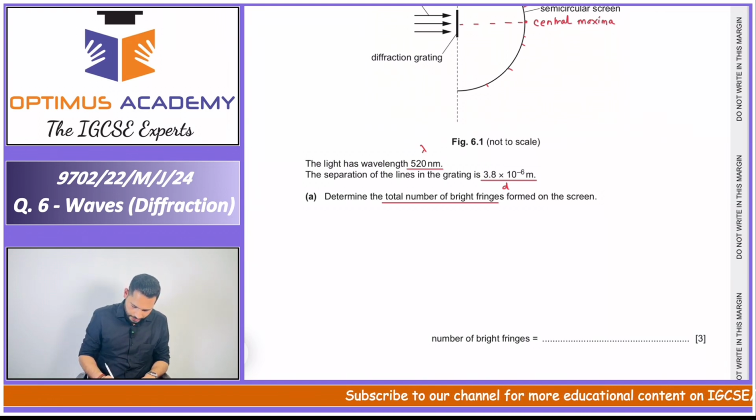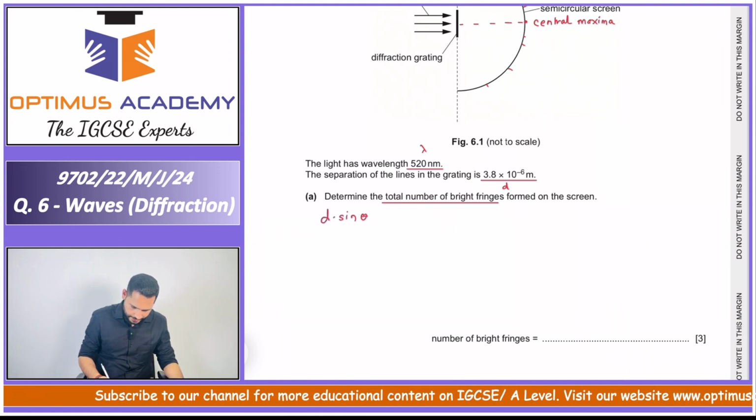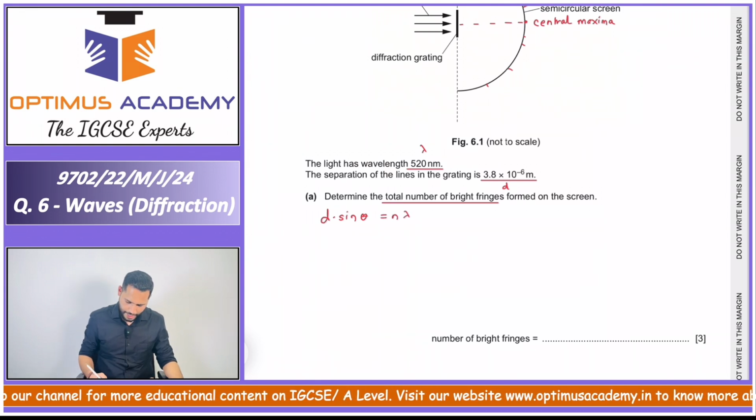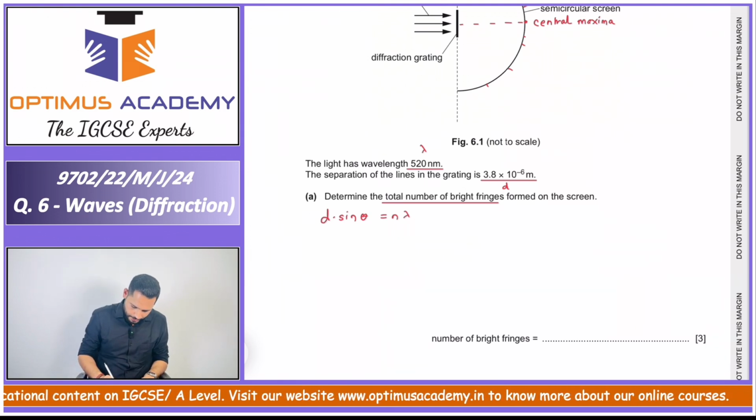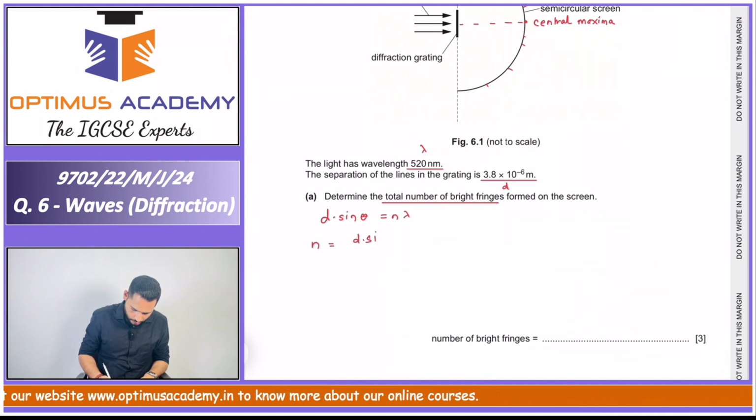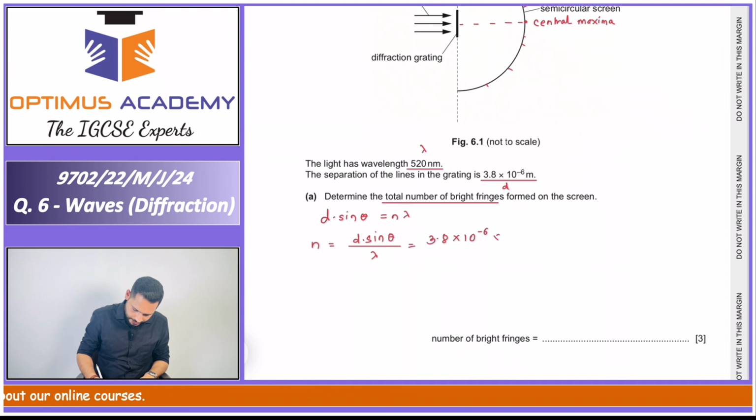We know the formula, it is d sin theta equals n lambda, where n is the order of maxima. So n will be equal to d sin theta upon lambda. d is 3.8 into 10 raised to minus 6.